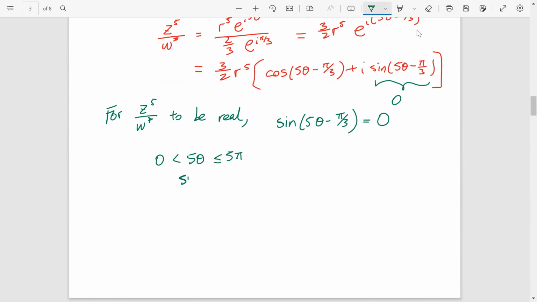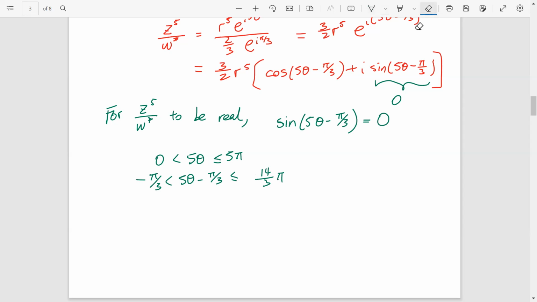Hence 5θ − π/3 will be between 5 pi minus pi over 3, which is 4 and 2/3, so 14 over 3 pi, and minus pi over 3.